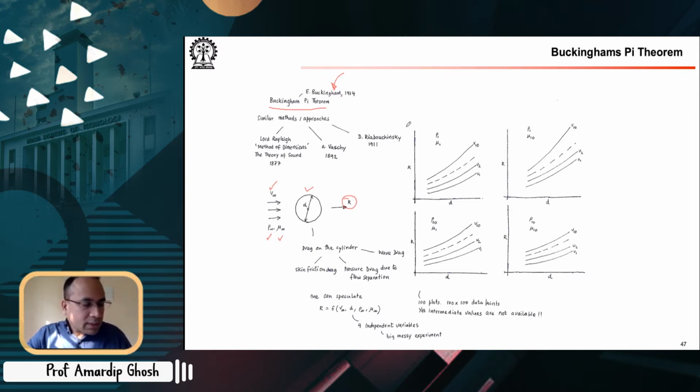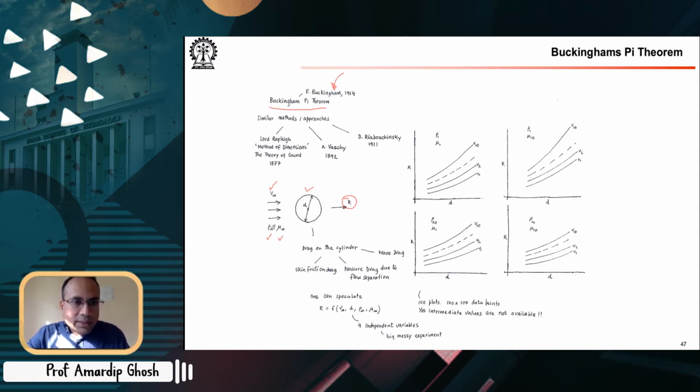Riabouchinsky also has done some work independently as early as 1911. However, popularly, this approach is credited to the works of E. Buckingham, and most of this work was done in 1914.